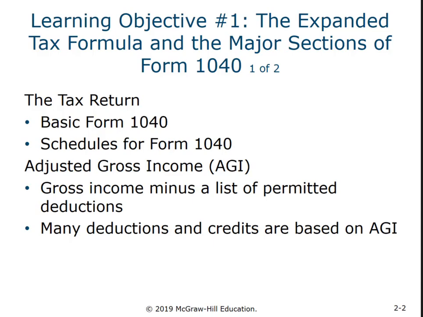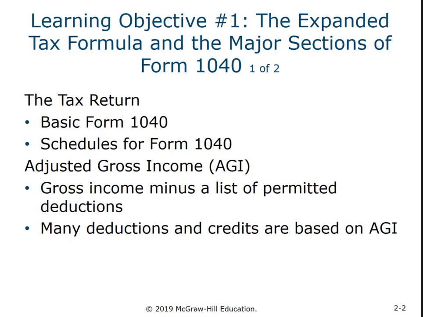And we'll talk about later, if you have a business, anything that subtracts from your business income would also be considered adjustments to income. Those are sometimes referred to as above the line items.